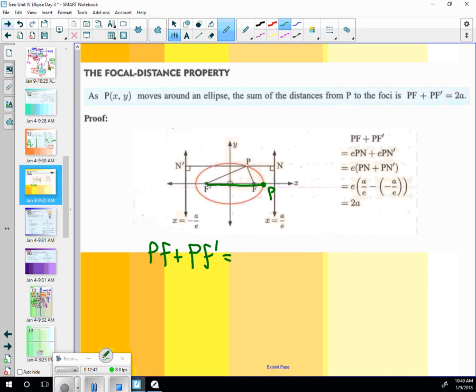So PF prime is going to be this distance a over e minus, we're going to call this x. Okay, and then if we're going to add this to that, which was PF. PF prime is going to be this distance a over e.